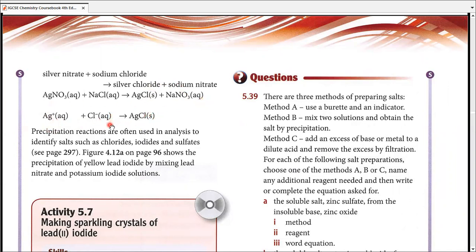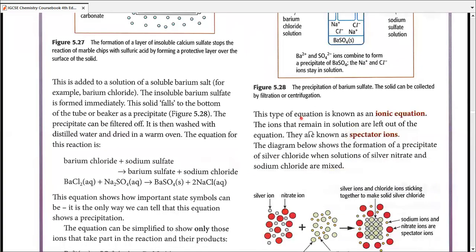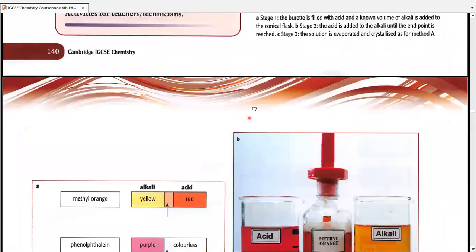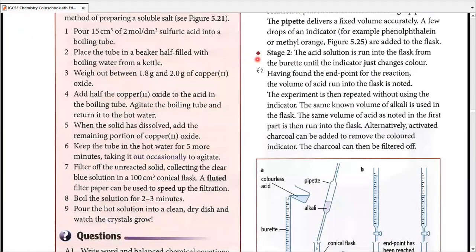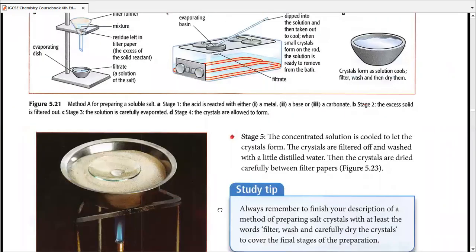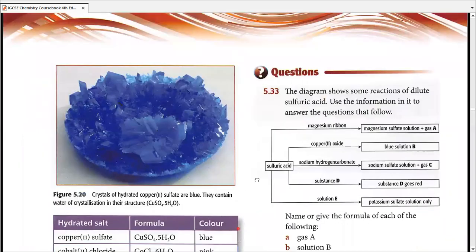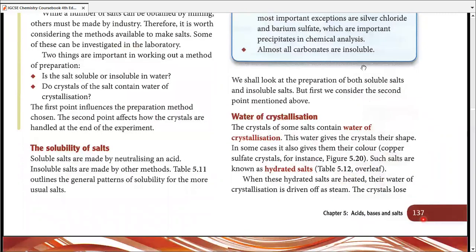But sometimes students ask me the question, how would we know whether a salt is soluble or insoluble? Now, this is something that we are already done with. I'm going to go a few pages back. If you go to the pages where we discussed the salts in 5.8, you're going to see that we have a big table on the side of the page. This is page number 137.